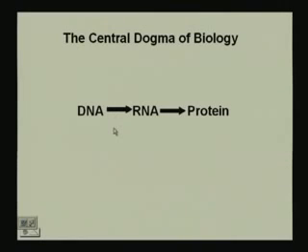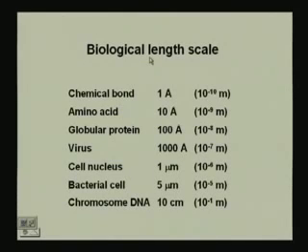So if we look at just some idea of the biological length scale, we have looked at chemical bonds, something that you have looked at for a long time now. They are in the order of angstroms. If we look at amino acids, they are in the order of tens of angstroms. When we look at proteins, they are in the order of hundreds of angstroms. Okay?